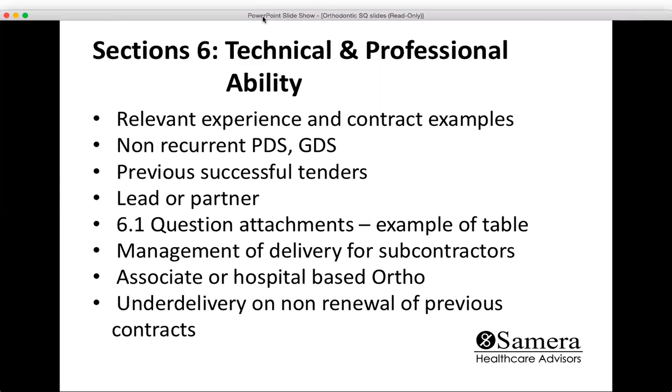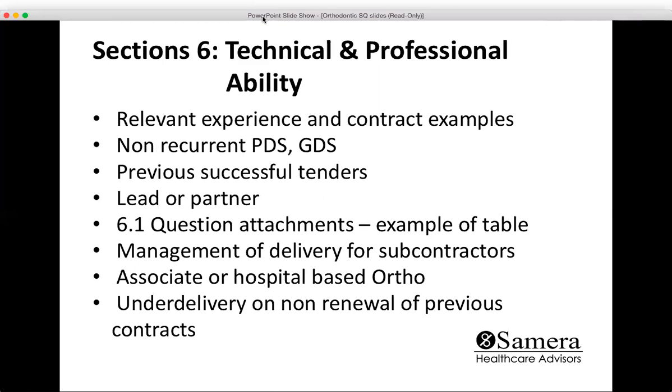So with the contract examples, if you are a consortium, then all the people who are party to the consortium should detail their contracts. For people who have just a single contract at the moment, detail that. If you've done any non-recurrent UOAs, detail that. Any PDS, additional contracts that you might have done short term, or even GDS on the general dental side.